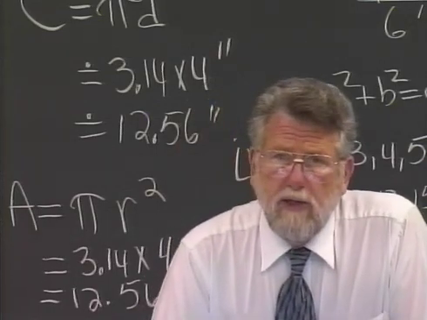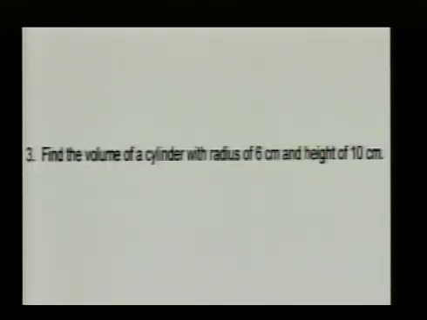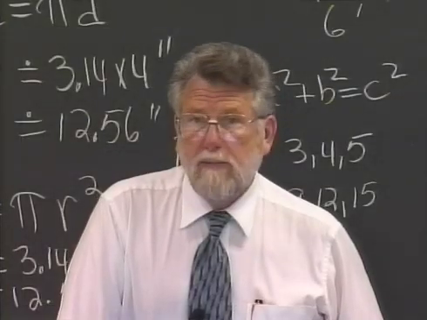If not, here's number 3 for you, for your viewing pleasure. This time a cylinder, and you want the volume, I should say, and the radius is 6 centimeters across, height 10 centimeters. So the question, come back to me for a moment. How big is a centimeter?